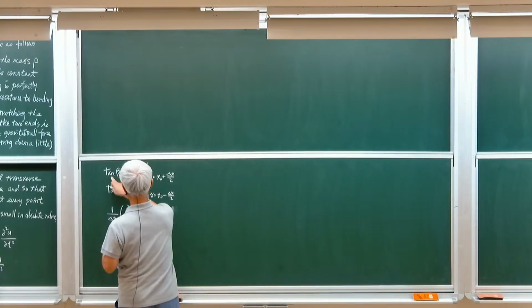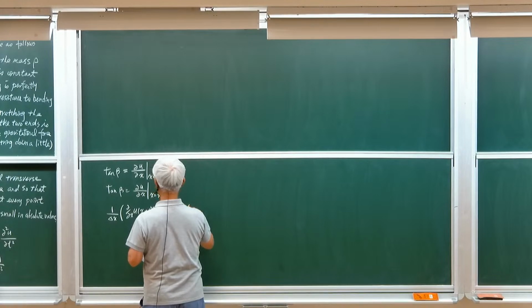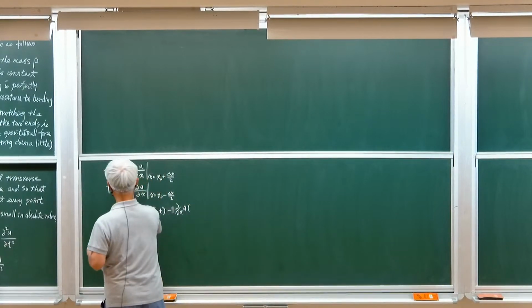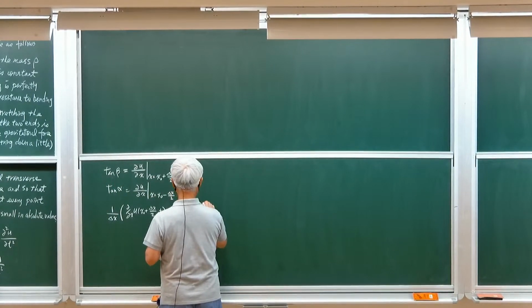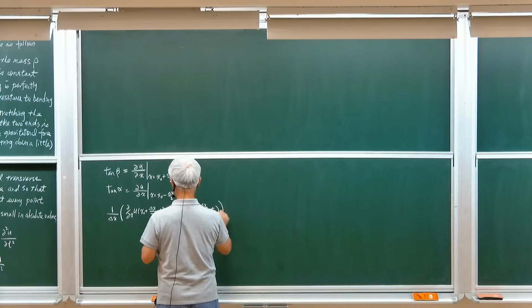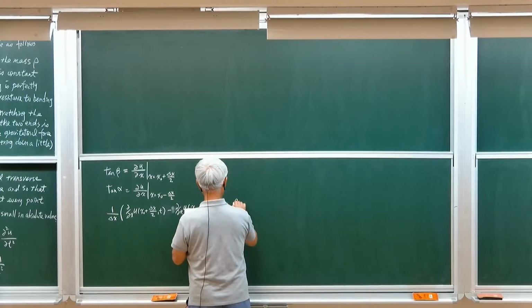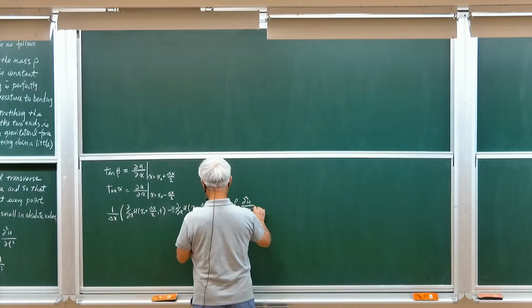Okay, so this is tangent beta minus tangent alpha, sorry. This is alpha. So this is x0 minus delta x over 2t. Okay, so the difference equals rho t square.